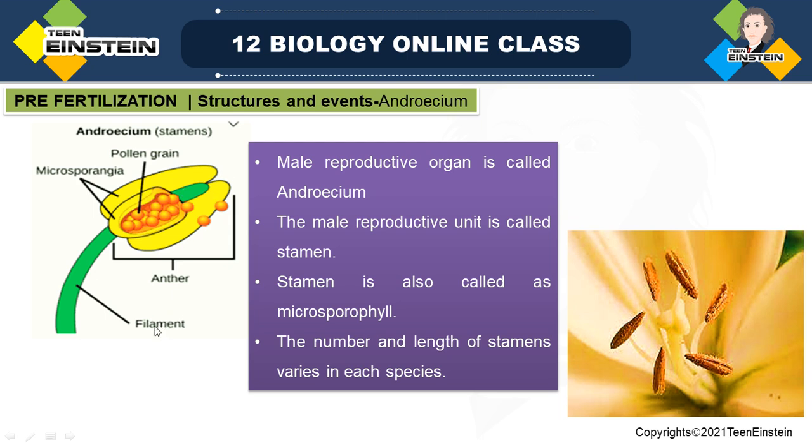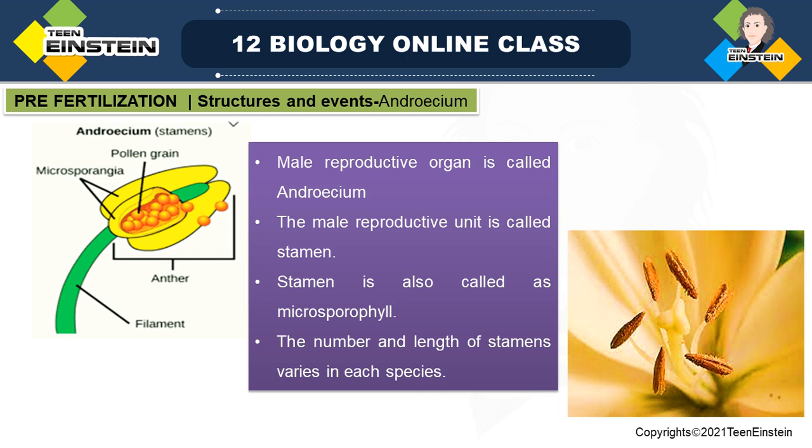The male reproductive unit is called stamen. The stamens of a flower are collectively called androecium. This group of stamens is called androecium. So the male reproductive unit is called stamen. Which is the male reproductive unit? The male reproductive unit is stamen.